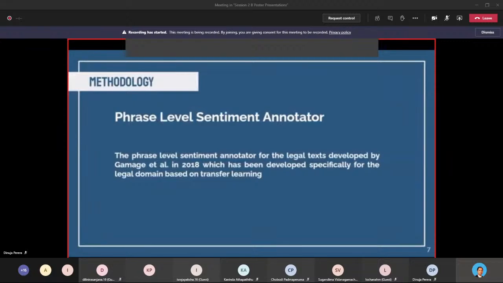In order to align with that approach, the sentiment classes of our approach are also negative and non-negative. Along with the annotator, the Stanford NLP tools are used to analyze the grammatical relationship of words in a sentence.